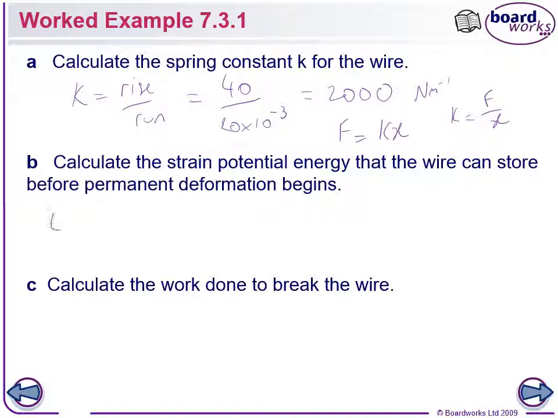So our energy equals the area under the graph, which is equal to triangle, half times base times height. Half times, now the base was 20 millimeters, so 20 times 10 to the negative 3, times our height was 40 newtons.